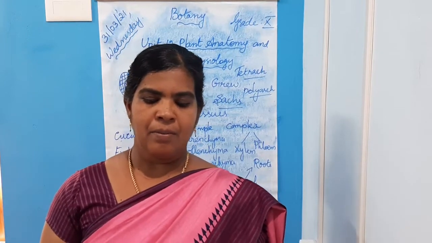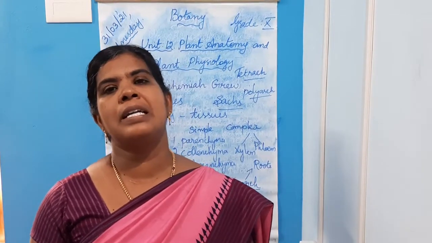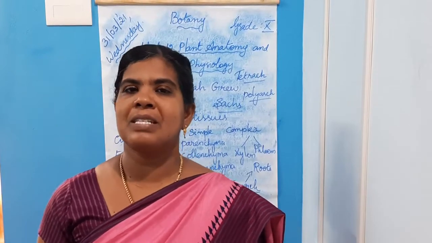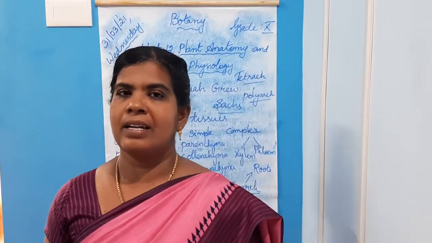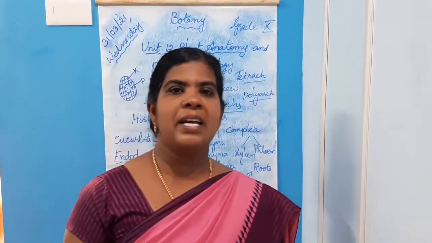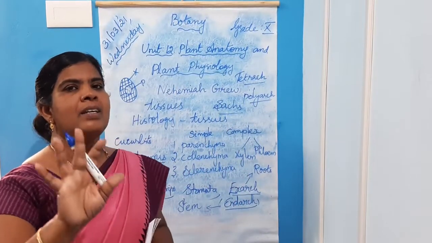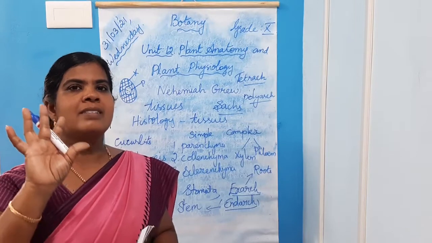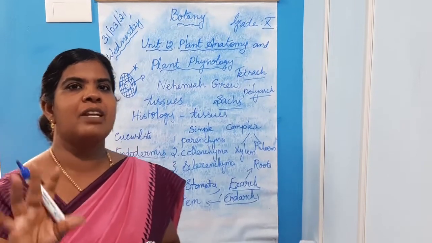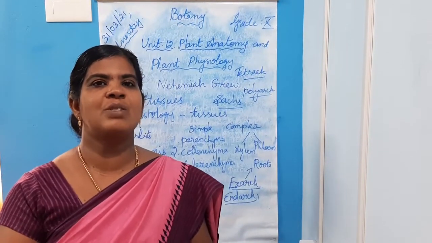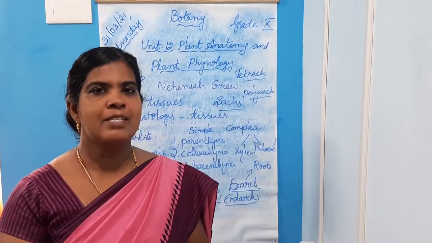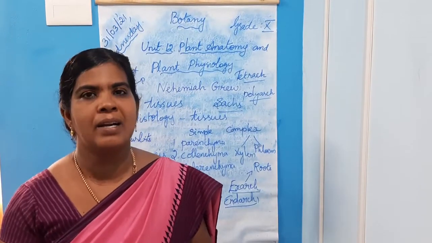Now, the vascular bundles in dicot stem. Vascular bundles are collateral, conjoined, open, and endarch. What is called an open bundle? In between xylem and phloem, there is vascular cambium. Such bundles are called open.